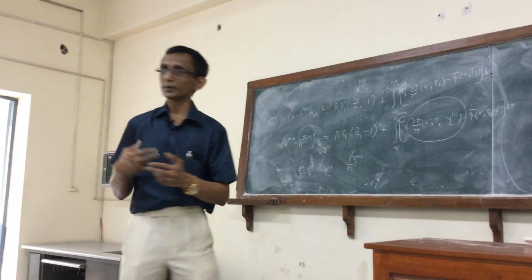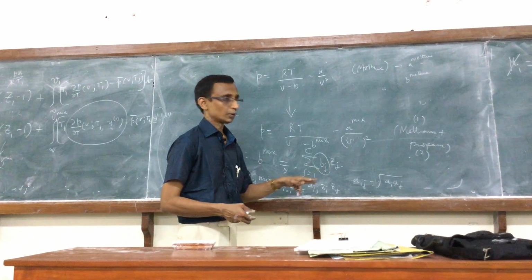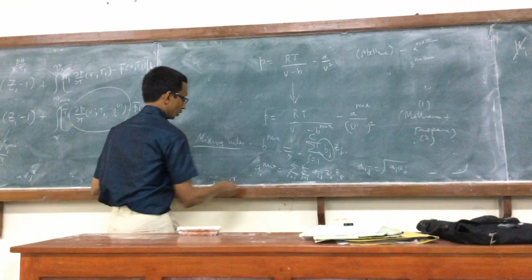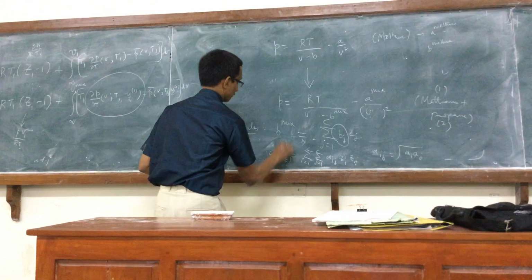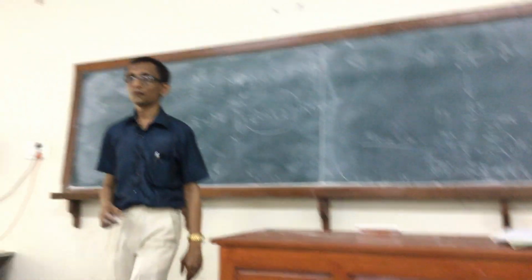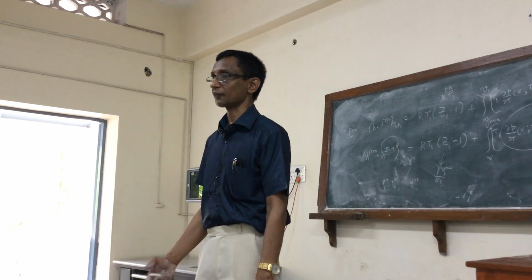So you take two components at a time, form the Aij, and then form the sum. Right? So clearly this is also now a function of Z, even for a van der Waals. So that is how the equation of state will become dependent on the composition. So that's where it comes in.